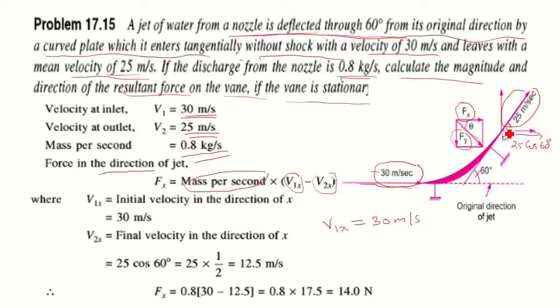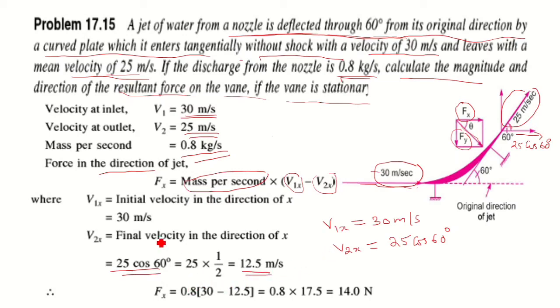And the final velocity, the outlet velocity v2x at the outlet, 2 represents outlet. So 25 is the velocity with which the jet leaves the vane. The x component of that velocity is 25 cos 60 degree, so the final velocity in the direction of x is 12.5 meter per second.